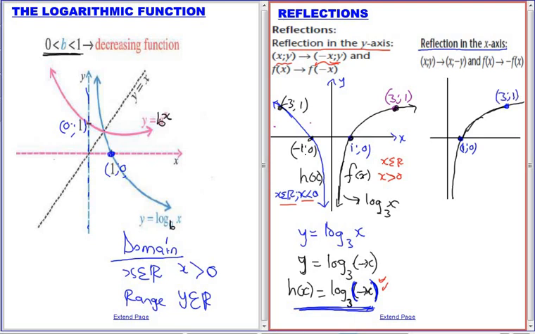Well, this time around, I want to reflect this particular graph right here, the logarithm graph, in the x-axis. Now, let's reflect it together. If you are looking at this part down here, which goes all the way down and as close to the y-axis as possible, it will go as close to the y-axis as possible, but on the other side.